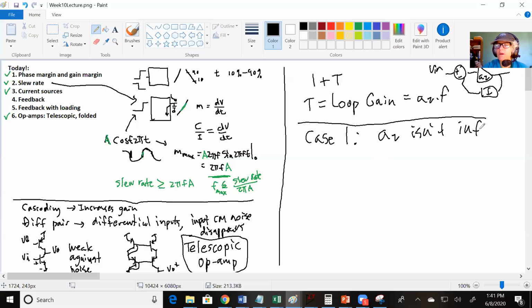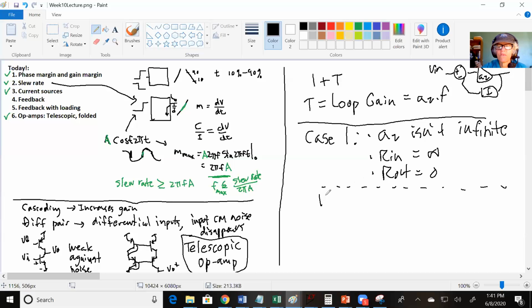Remember, for an ideal op amp, AV is infinite, R in equals infinity, R out equals 0. So these two are still ideal, R in and R out, but let's say AV isn't infinite. I should have done something else first, but I got to here, so I'll keep going.